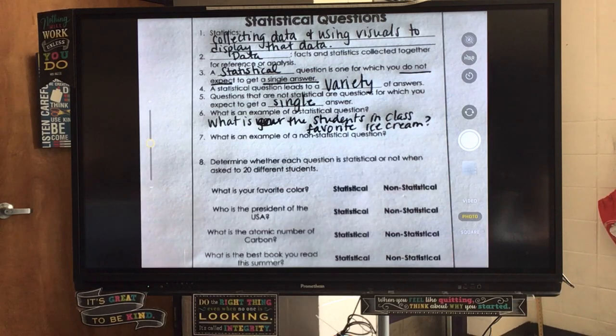Okay, so what is an example of a non-statistical question?